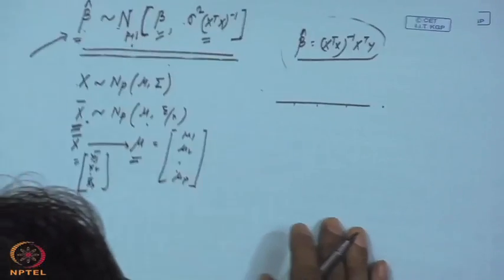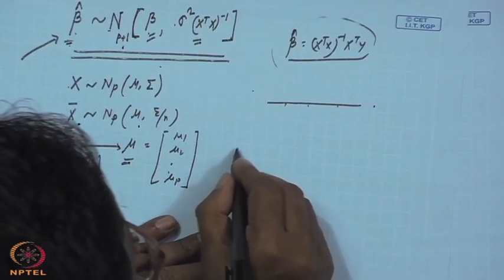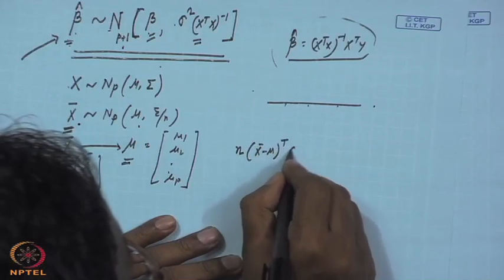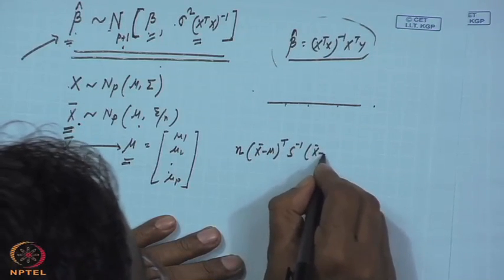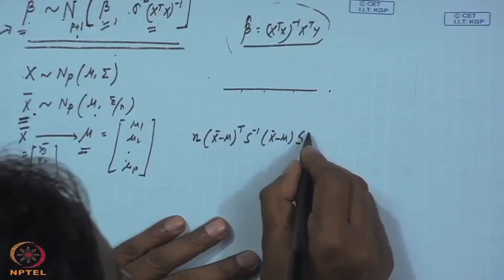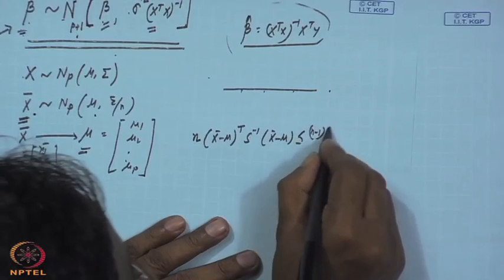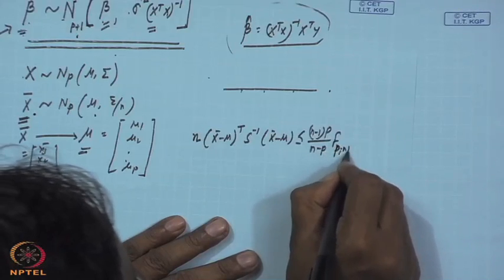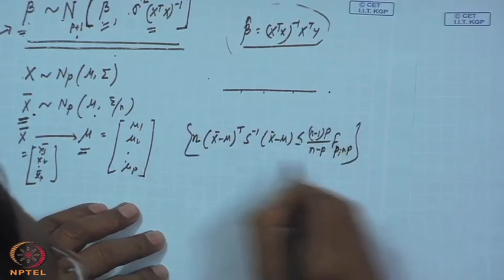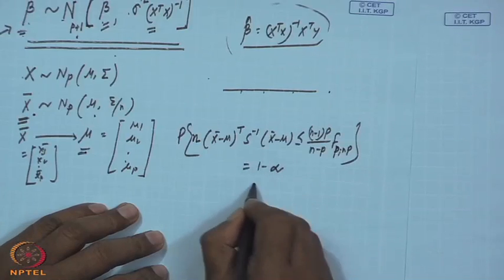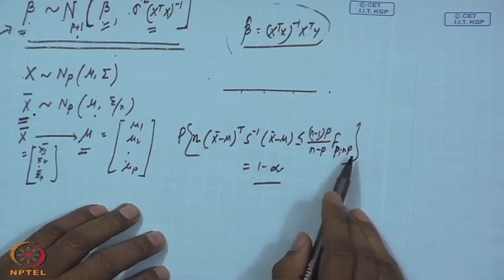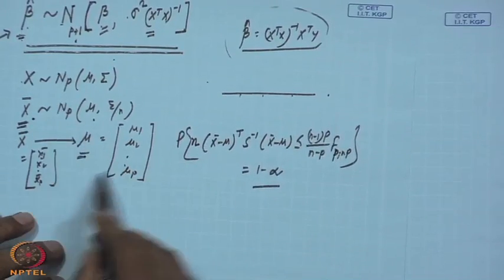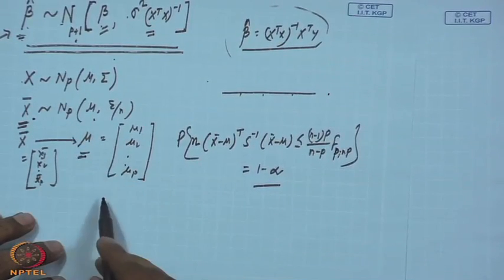If you remember, we found that n times x bar minus mu transpose S inverse x bar minus mu is less than or equal to n minus 1 times p by n minus p times F with p and n minus p degrees of freedom, and the probability of this equals 1 minus alpha. So this is the confidence region we found for the population mean vector.